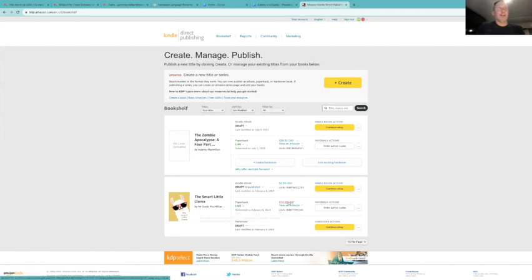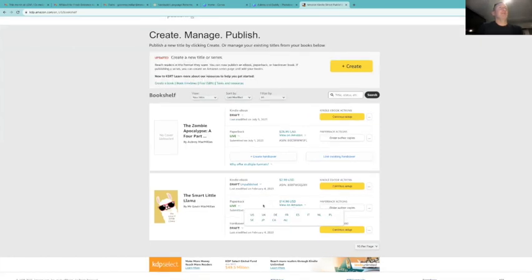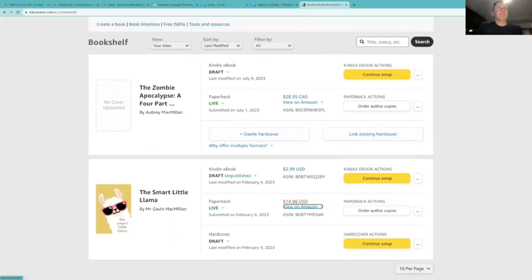You choose the price. Sorry, I'll just zoom in here so you can see what this is all about. You choose the price. Amazon keeps 40% for printing the book, and they send 60% to you.